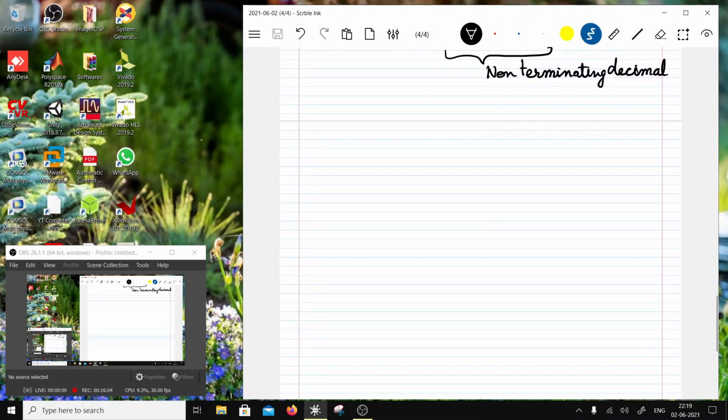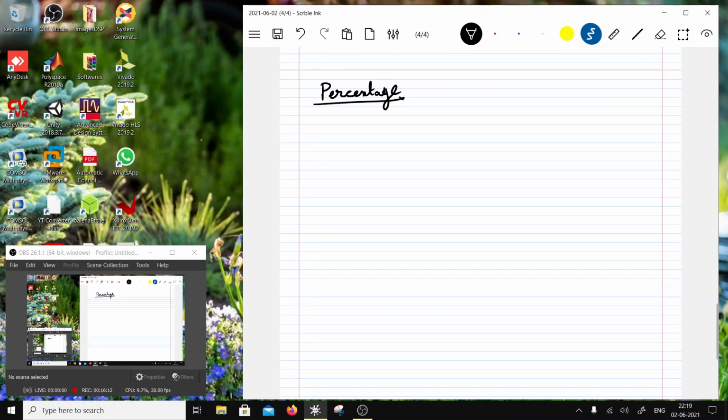Now these fractions can also be expressed as a percentage. What you mean by percentage is: in 100, how many parts. So for example, if I say 5 by 8, in 100 how many parts? If I divide 5 by 8, I am going to have 0, 8 6s are 48, 20, 8 2s are 16, .625, right?